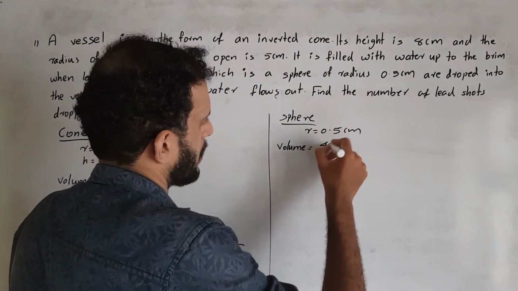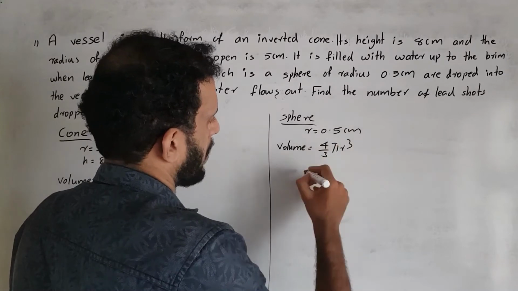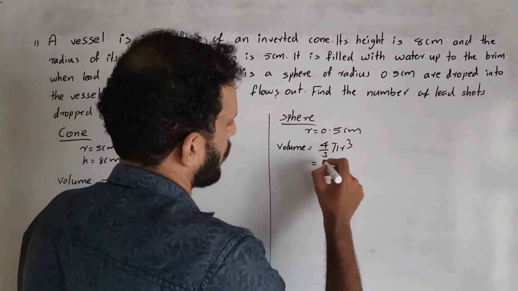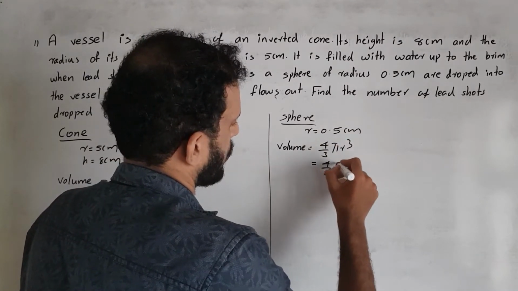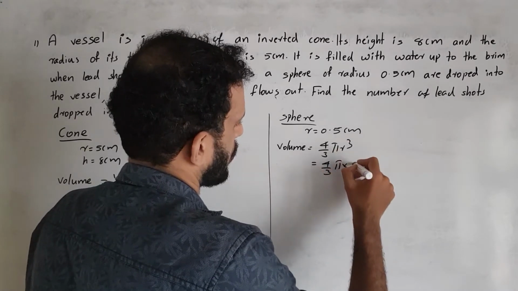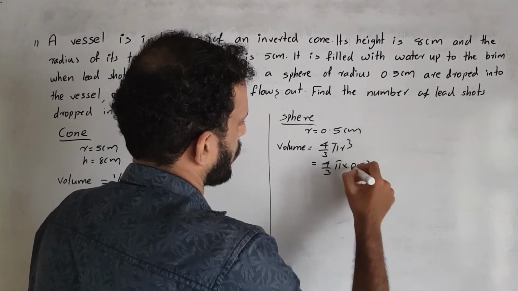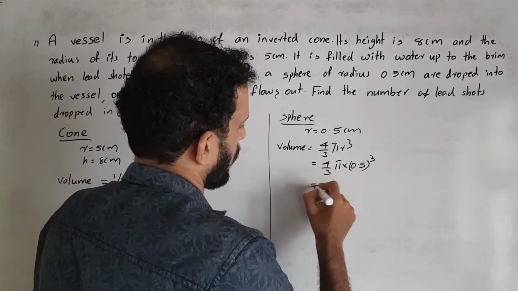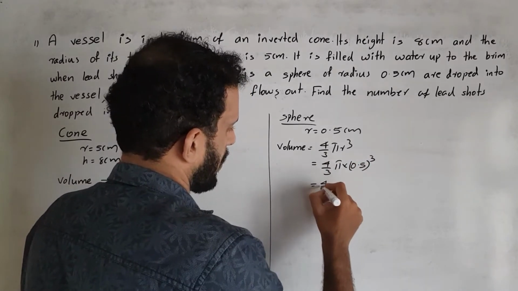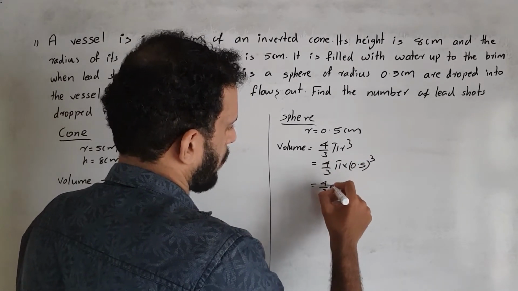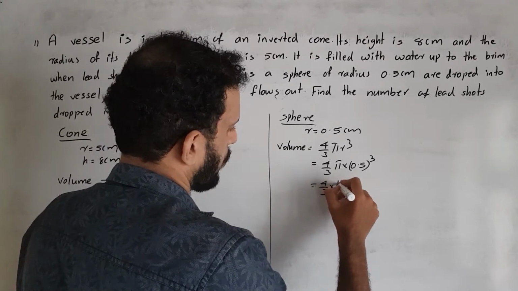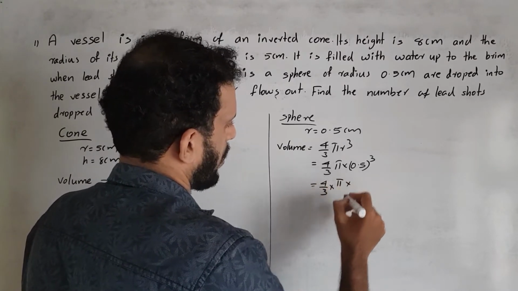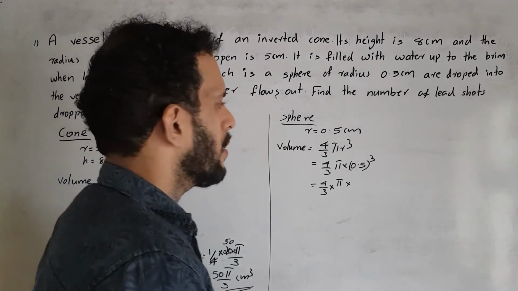Volume of one lead shot is equal to 4 by 3 pi r cube, which is 4 by 3 into pi into 0.5 cube. What is 0.5 cube?